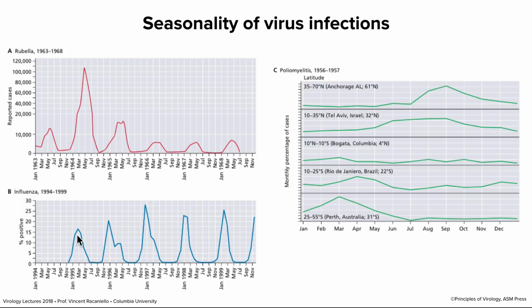The idea is that under conditions of low humidity, the droplets can travel farther, and if the humidity is higher, the droplets that you produce by talking absorb water, they fall to the ground close to you, and they don't transmit the infection as effectively. There have been some very convincing experiments to show that for influenza virus.